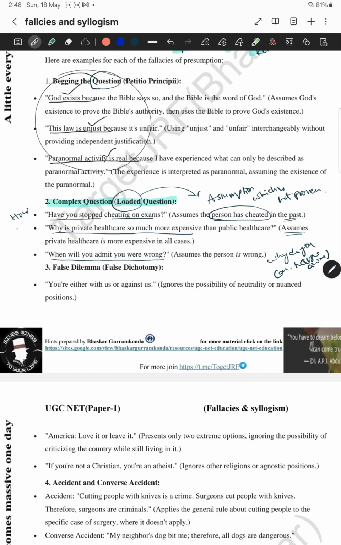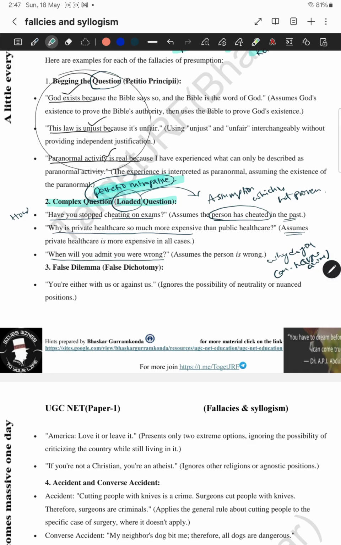And one more: how long can one survive without water? Something like this. It is also called Petitio interrogative. Okay, you remember that.